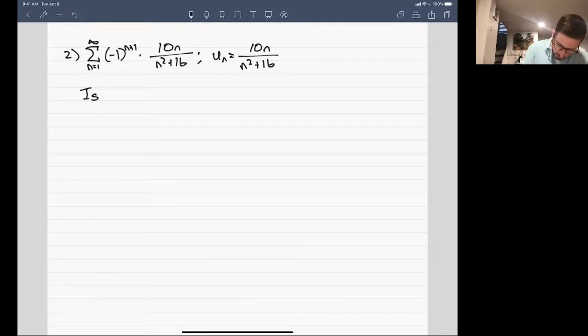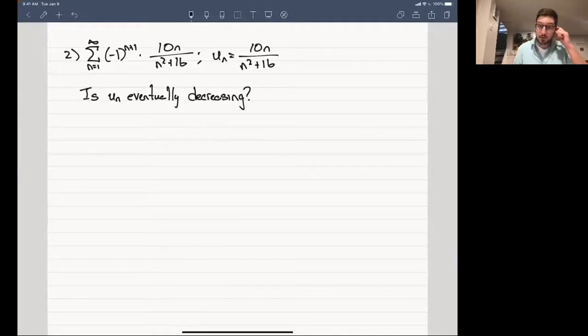So is u_n eventually decreasing? Well, the way that we can check this is we can define the function f of x. Some of this comes from what we talked about with sequences, right? We can think of these as functions, just evaluating them at single integer points.